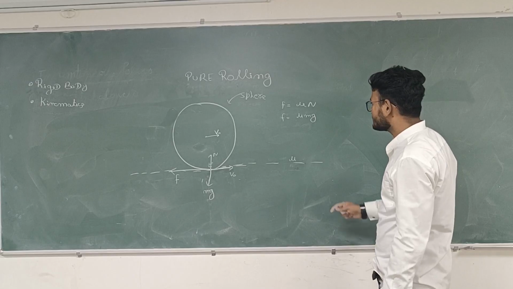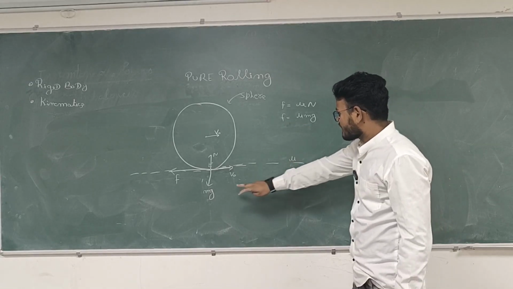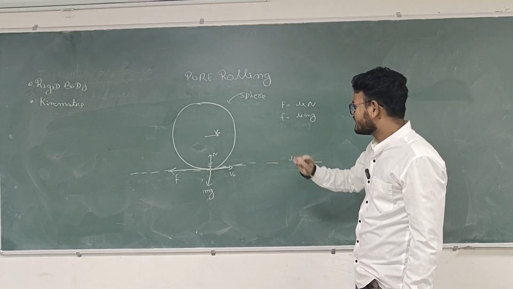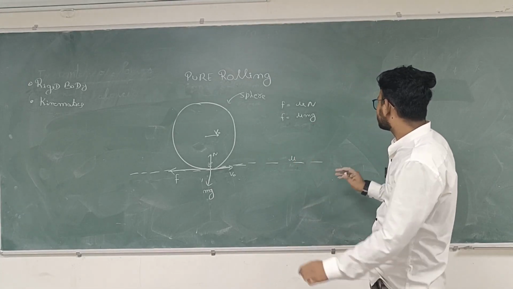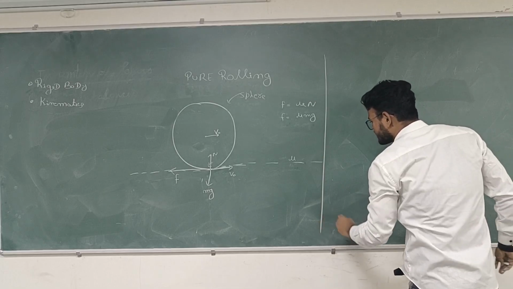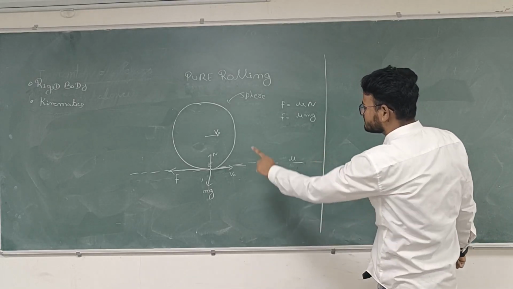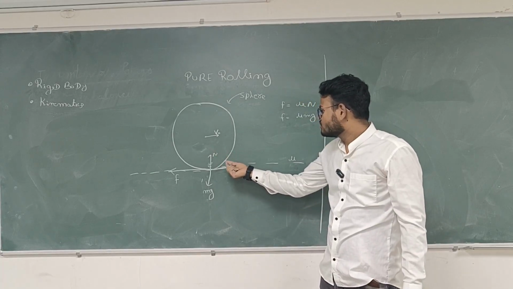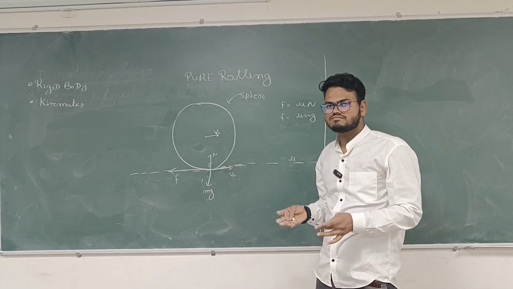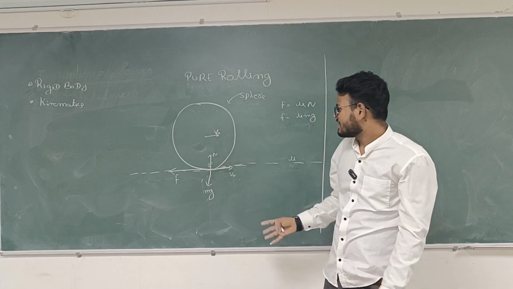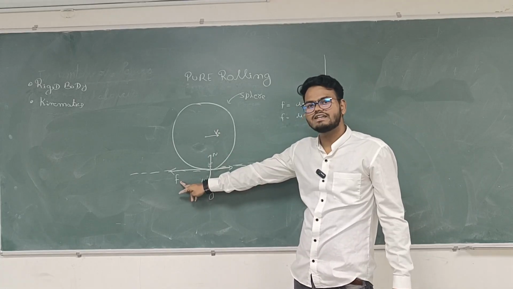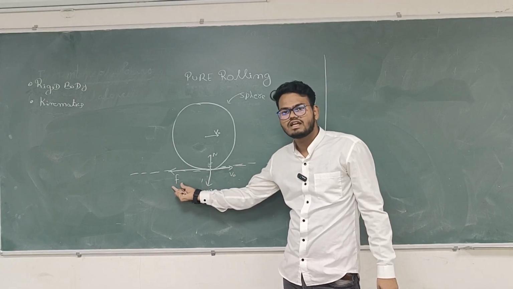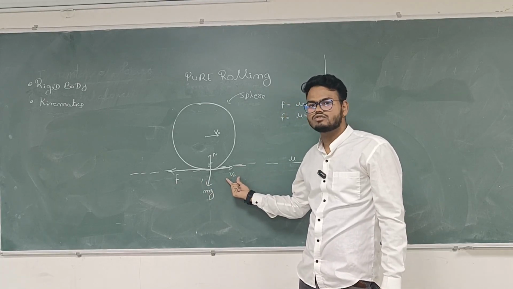Okay, now this is the equation for the friction force. Let's write down the equation first for the translation motion. Here, who is providing it translation motion? There is no force, but this force is providing it a retardation. That means this friction force is reducing its linear velocity.